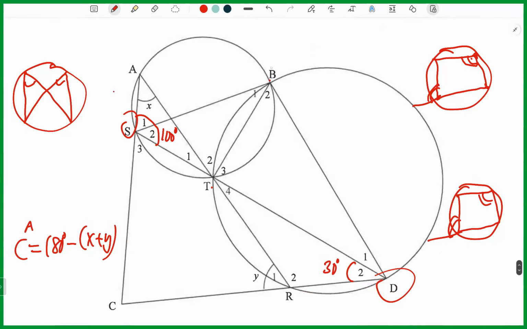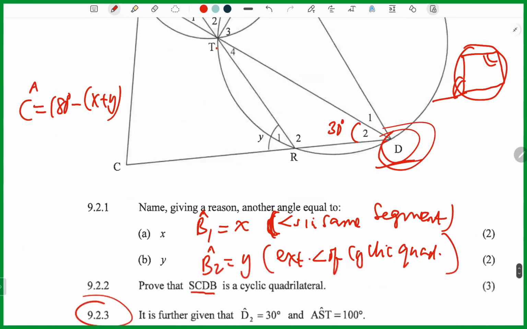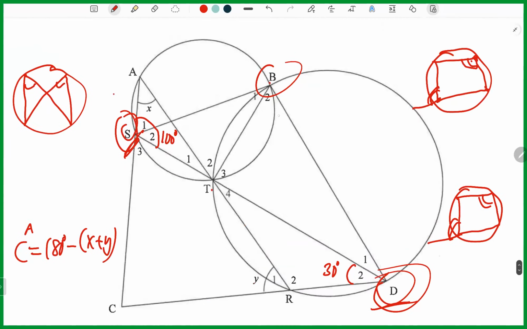So you have B, and then you have D, and then you have S. So this SD here is not a diameter of the circle BDS.